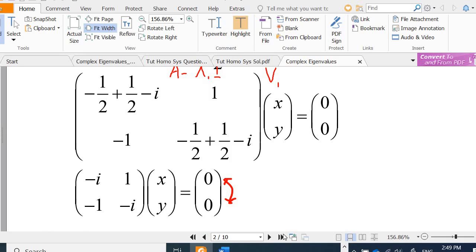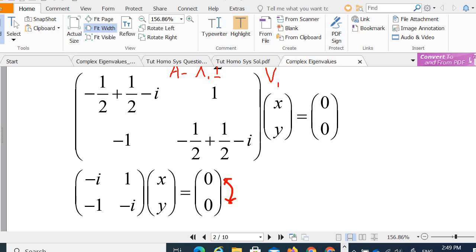Maybe I cannot write in here. So are you confused with the row operation or not? No. Okay. Because some of you may be very confused how to reduce it.